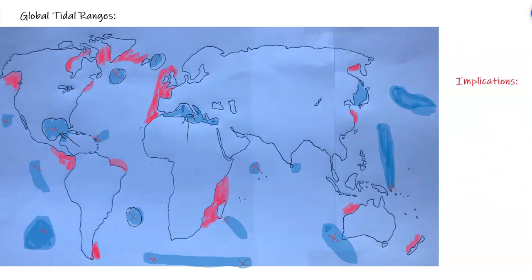So, implications. Obviously, a large tidal range would mean a very large intertidal zone, which would affect the ecosystem, affect the species, the amount of coastal erosion. If it's wave dominated plus tides, then you've got a very serious or more extreme coastline with high levels of wave erosion, hydraulic action, deposition, transportation, longshore drift, perhaps.